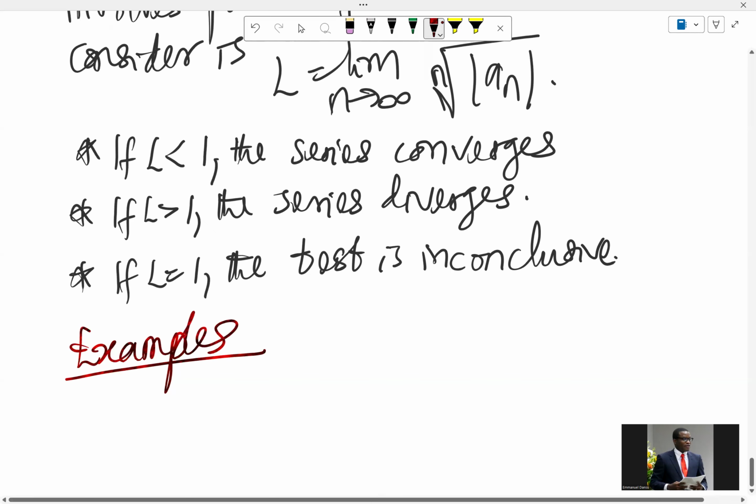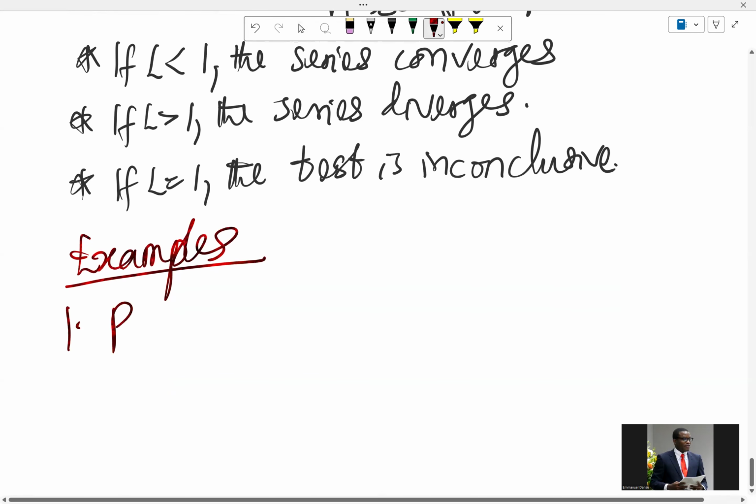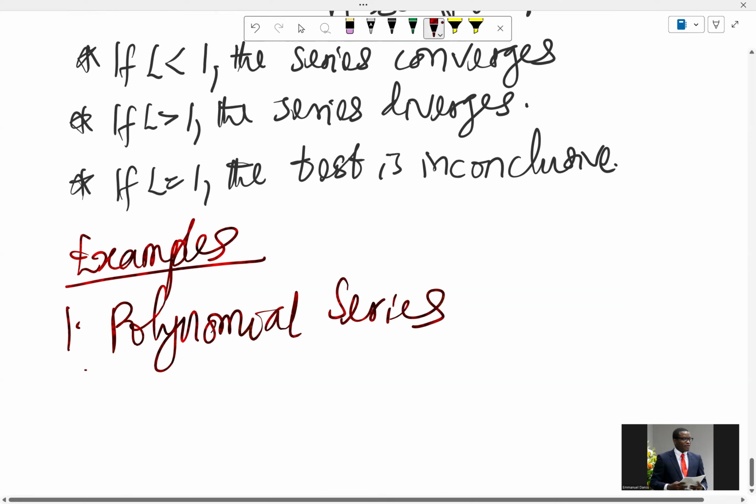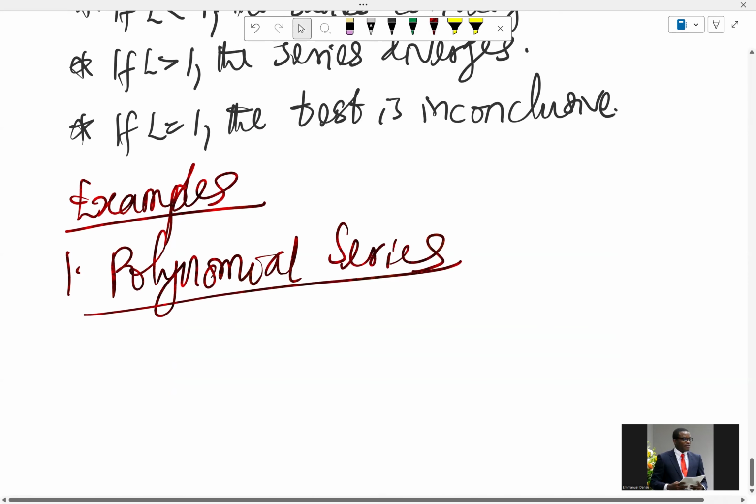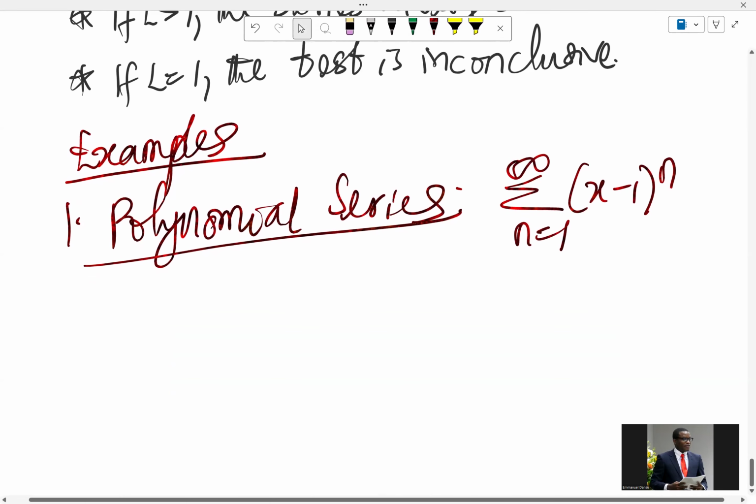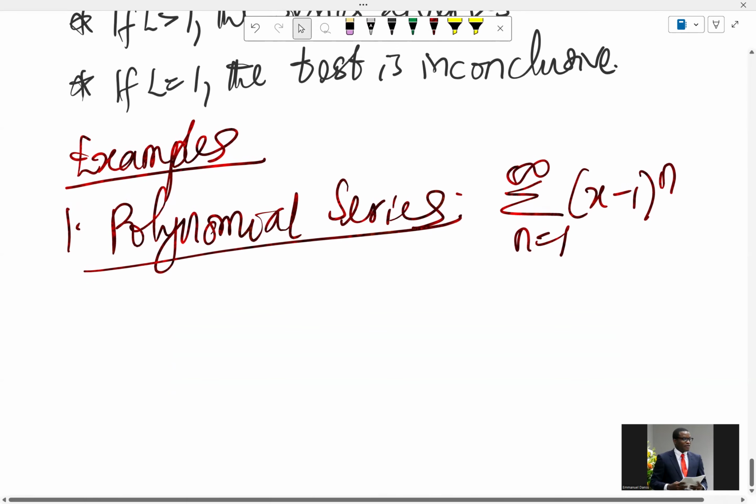So the first example is we are looking at a polynomial series. Summation from n equals 1 to infinity of x minus 1 raised to power n. So you can see that power of n. In this case, the coefficient is actually 1.